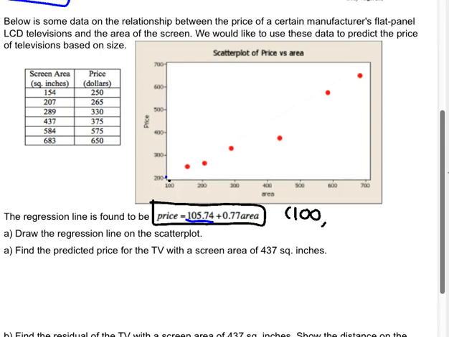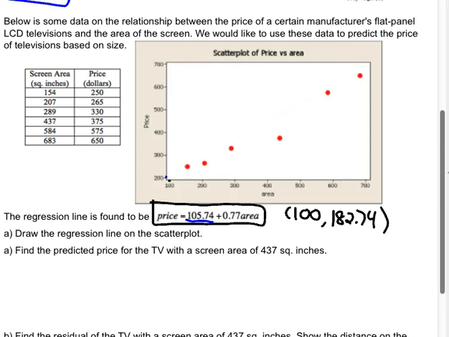So I'm going to take 105.74 plus 0.77 times 100. So I'm just plugging in that area and getting 182.74. All right.